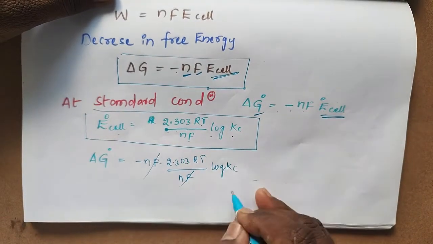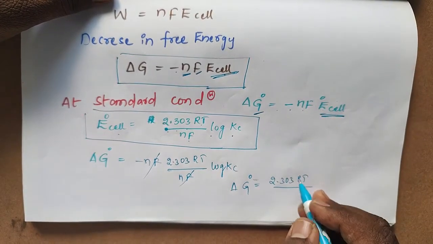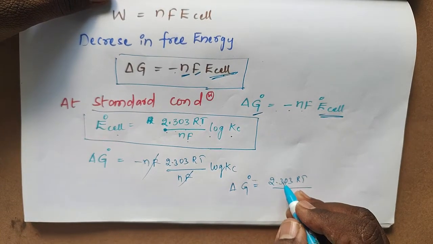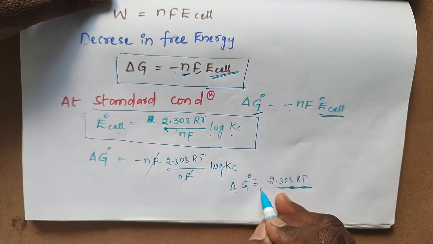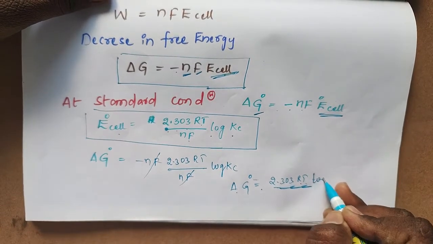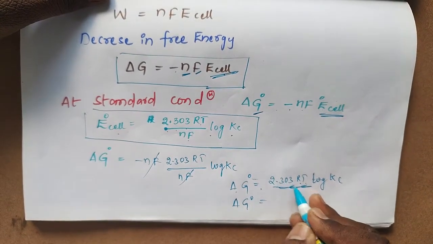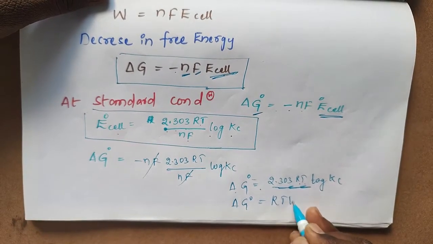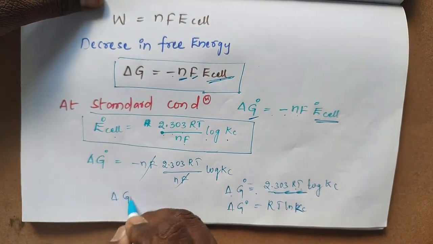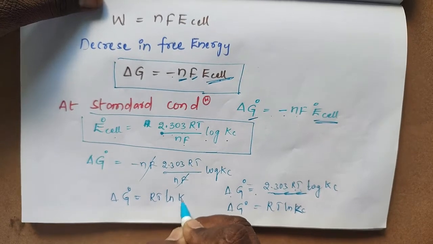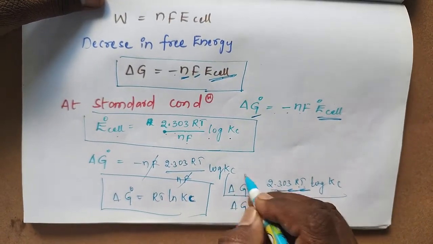The nF cancels, so delta G naught equals 2.303 RT log Kc, or removing 2.303, in place of log we get ln: delta G naught equals RT ln Kc.